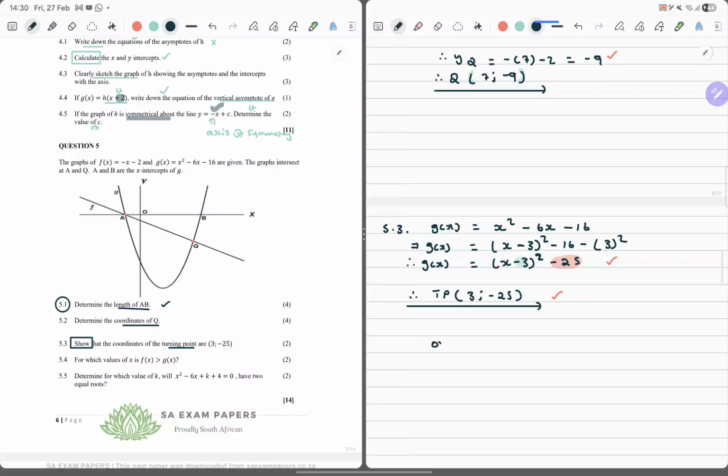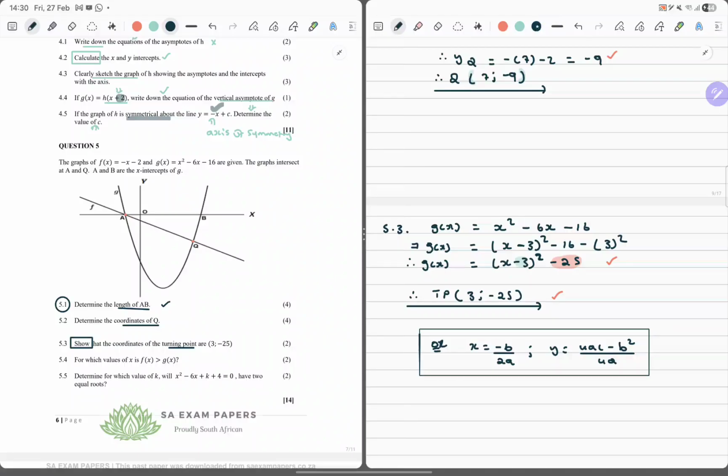And of course, there's nothing wrong with those who prefer to write x = -b/2a, and y which is going to be, sorry, it's the other way around, it's going to be (4ac - b²)/4a. So that gives us the coordinates of the turning point, or any other way you guys know of. But one thing for sure, you're going to get the same answer.